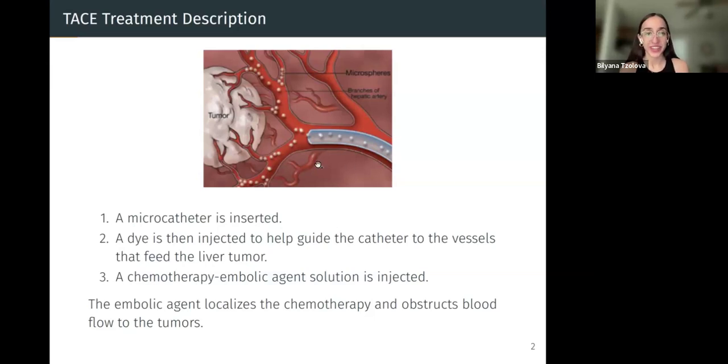So that's what's pictured up here. The chemotherapy aims to attack the cancerous cells and to kill those cells, and the embolic agent will clog up the blood vessels in order to keep the chemotherapy at that tumor, and also in order to keep blood from flowing to the tumor, because the blood is what energizes the tumor and keeps it alive.